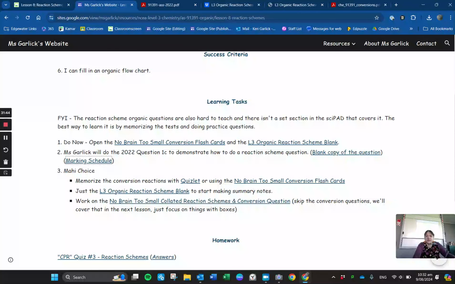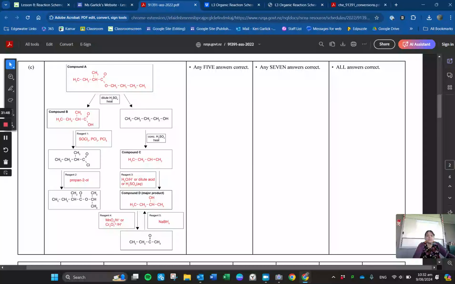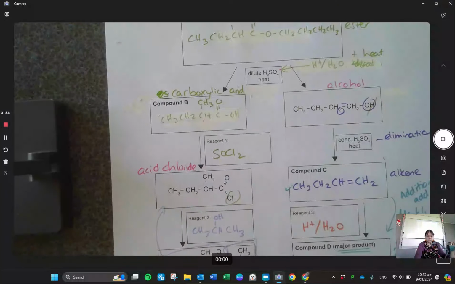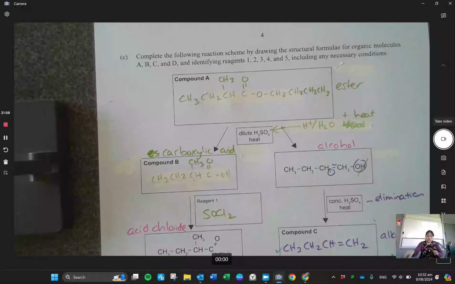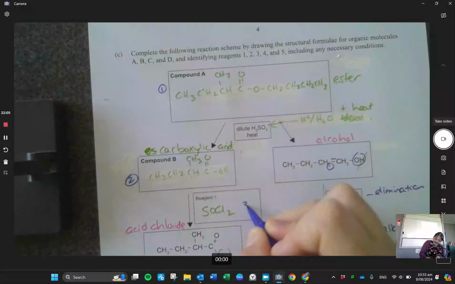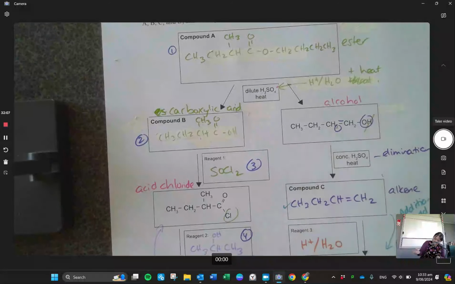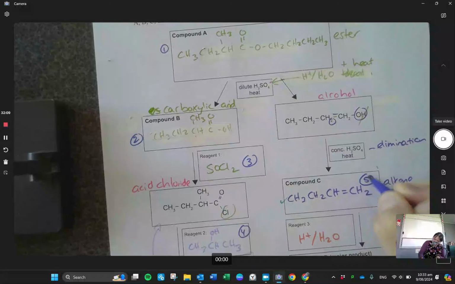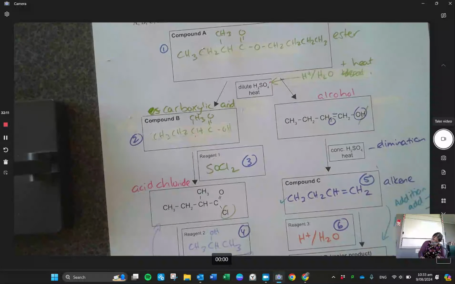All right, let me show you the answer. Okay, so this is the answer to question C. It says any 5 answers give you an achieved point. So when we look at the question script, there are, let me try to color what I haven't used, 1, 2, 3, 4, 5, 6, 7, 8, 9.